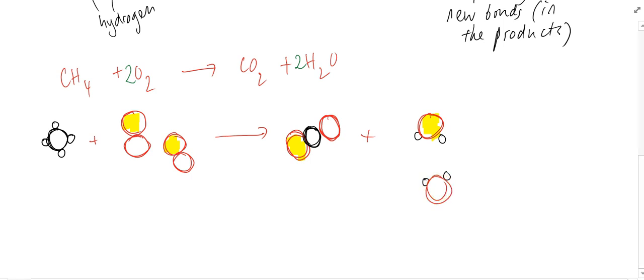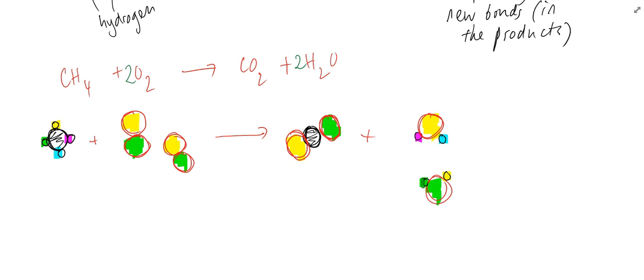If we were to track every oxygen, it appears there. You track the carbon atom here, it ends up there, and each hydrogen atom, if you were to follow it, you'll find just appearing on the other side, in the water molecules, if you're going to be specific. Each hydrogen atom finds itself on the right. So every atom has rearranged itself, broken its old bonds and formed new partners.